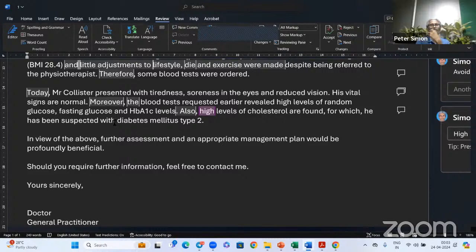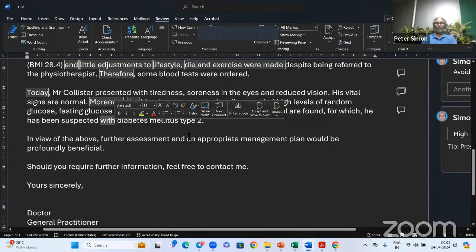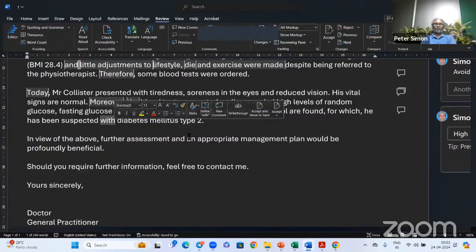The signs and symptoms suggest diabetes type 2. He has been suspected of having diabetes mellitus type 2, for which he has been suspected of having, or for which he has been suspected of, due to which, not for which, due to which.